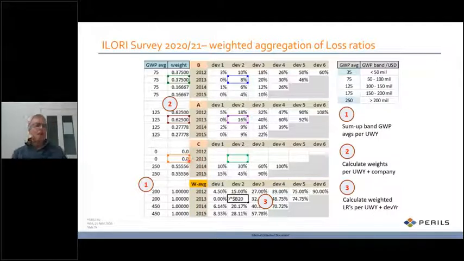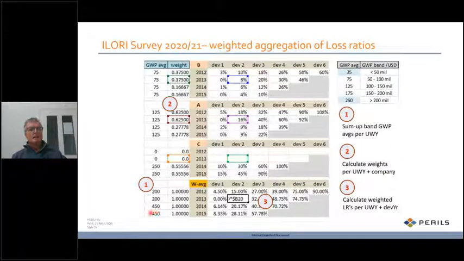Then we add up all these proxies per underwriting year on the lowest level. You see when you add up 125 and 75, you get 200. So that would be the first 2 underwriting years, and then for the last 2 underwriting years comes 250.